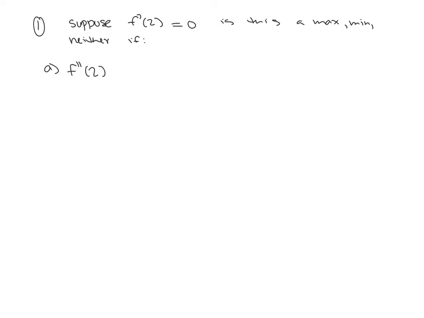What if I said f prime prime of 2 was 7? You know the first derivative is 0, right? If I said the second derivative was 7, that implies your function is concave up, which implies at f of 2, you have a min. Doesn't matter what positive number I gave you. If it's equal to some positive number, well then, concave up, min.